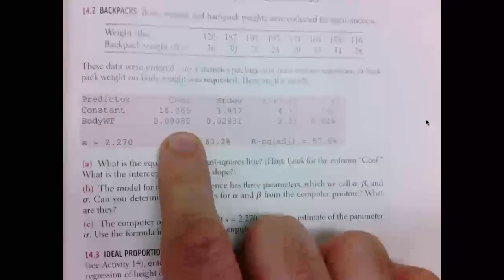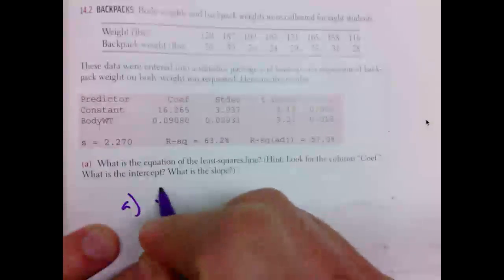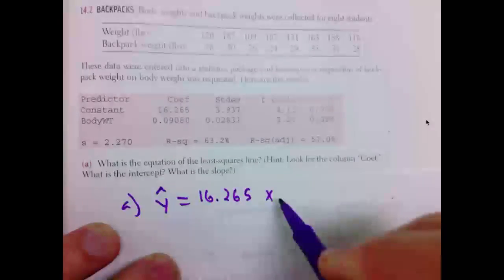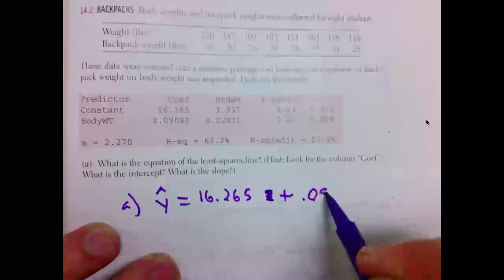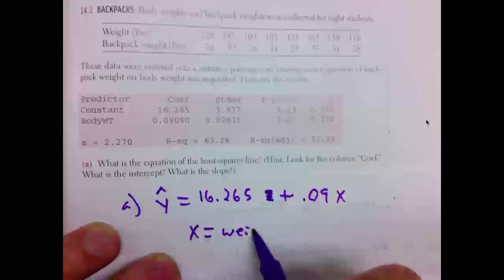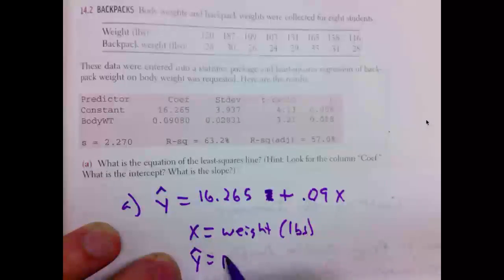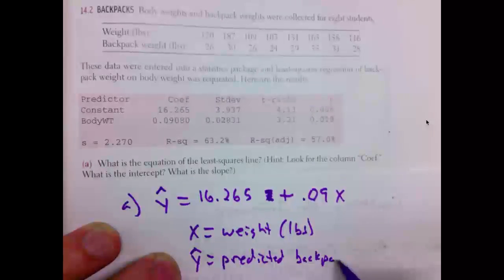So our equation in this situation: y hat is 16.265 plus 0.09x, where x is our weight in pounds and y hat is our predicted backpack weight, also in pounds.